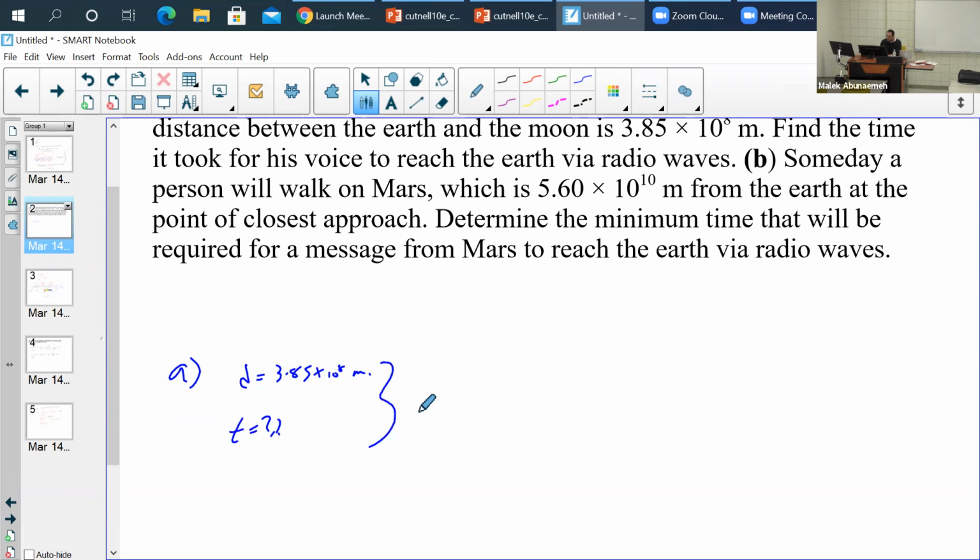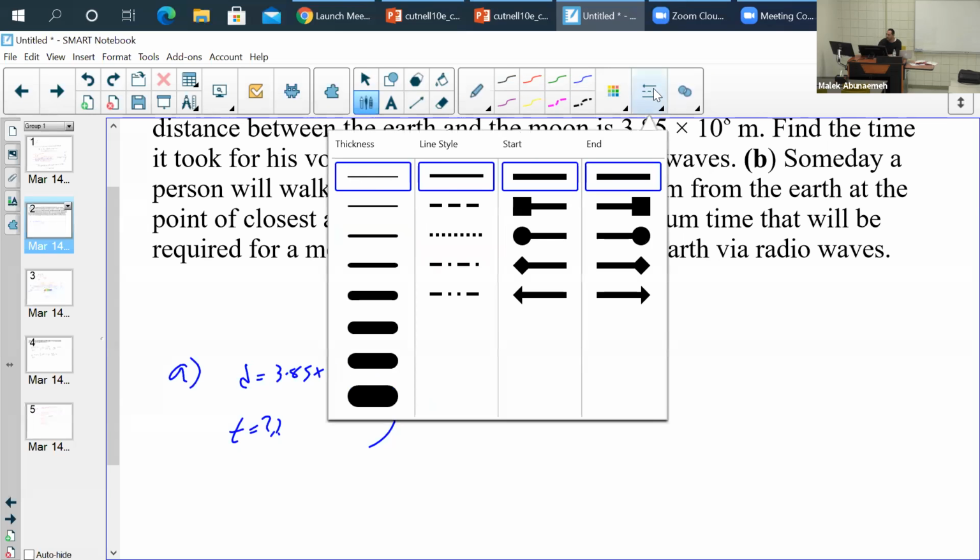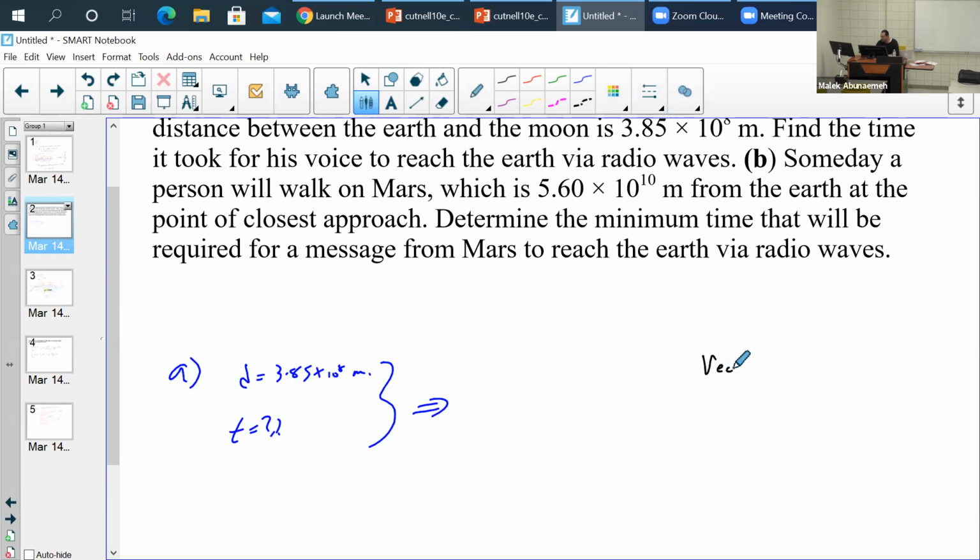Let me give a reminder that your velocity is your distance over your time. In our case, your c is your speed of light, distance over time.